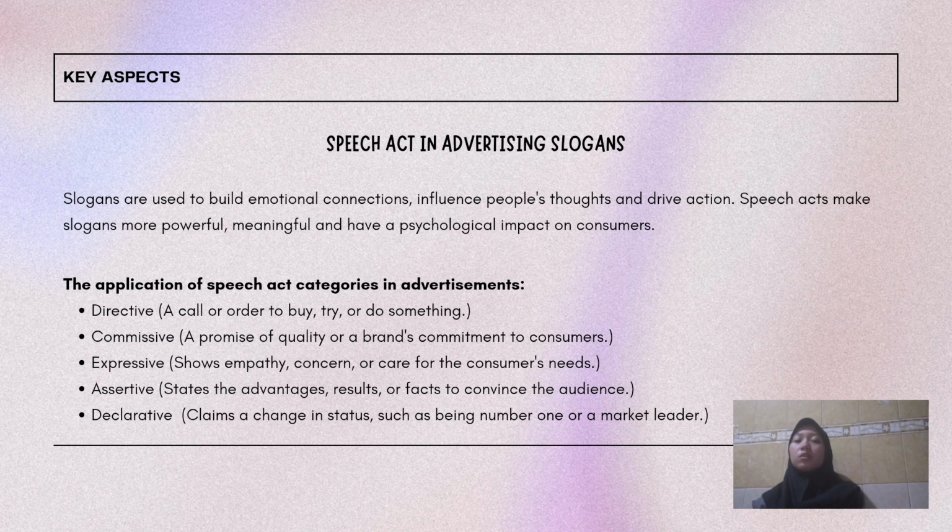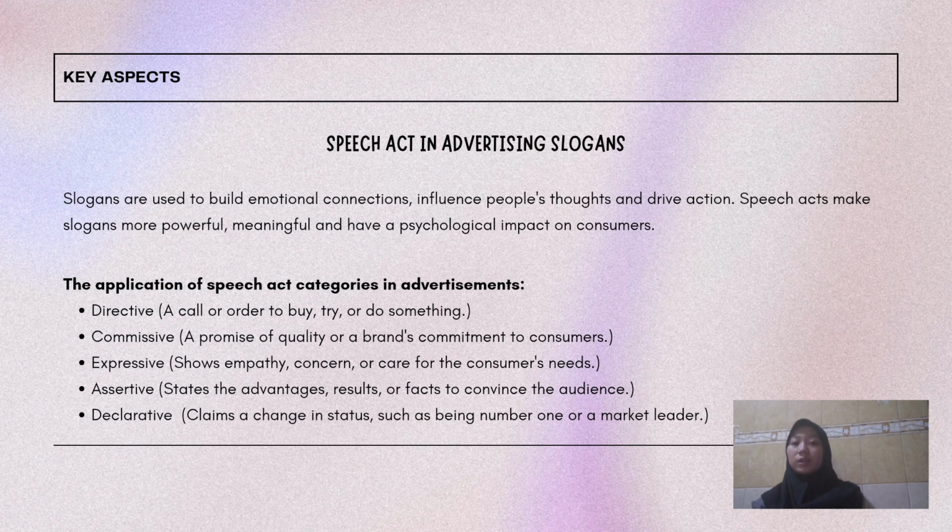For example, the first one, directives, are often used to invite or command the audience to do something, such as a call or order to buy, try, or do something. The second one, commissives, appear when the company promises to provide the best quality or shows a brand's commitment to consumers.